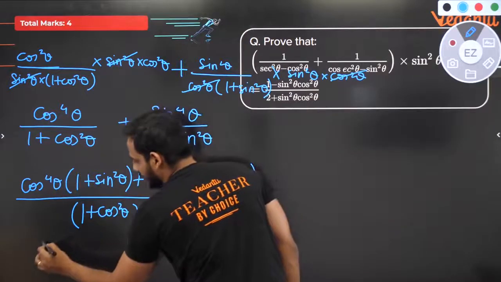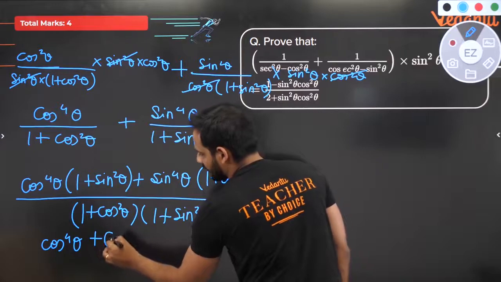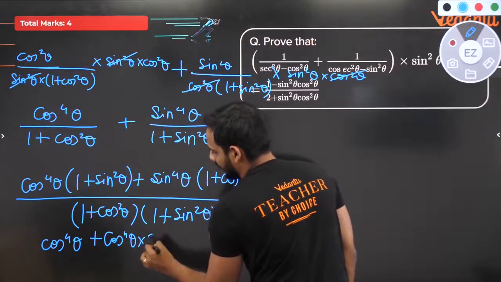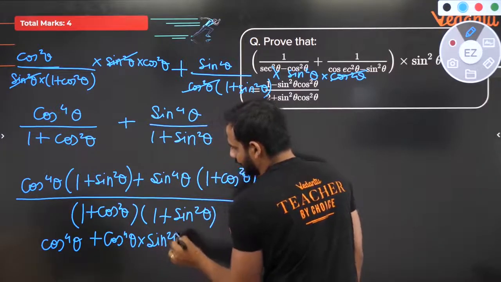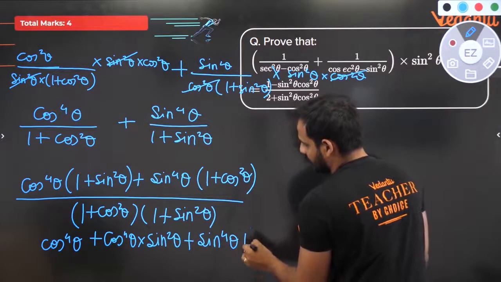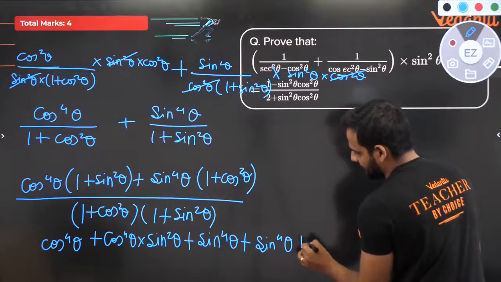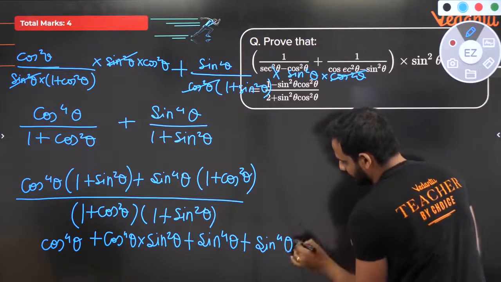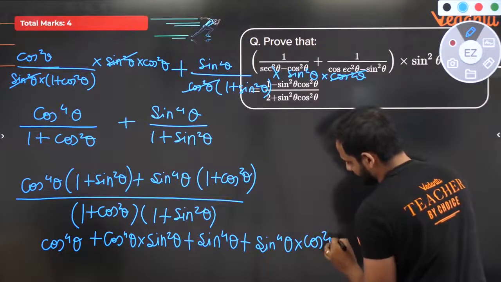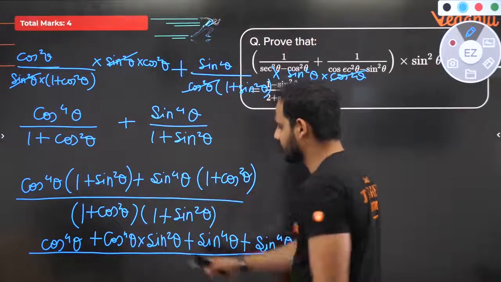Cos raised to the power 4 theta into 1 is cos raised to the power 4 theta plus cos raised to the power 4 theta into sin square theta. Then you have plus sin raised to the power 4 theta plus sin raised to the power 4 theta into cos square theta, and your denominator will be 1 plus cos square theta into 1 plus sin square theta.